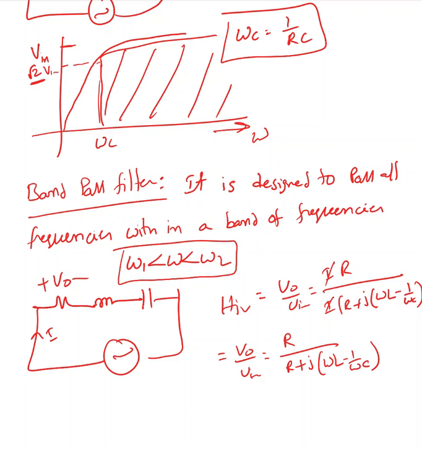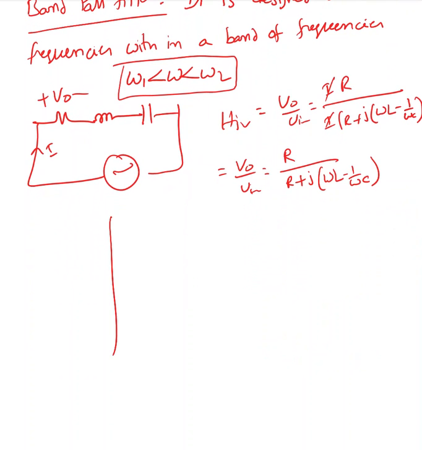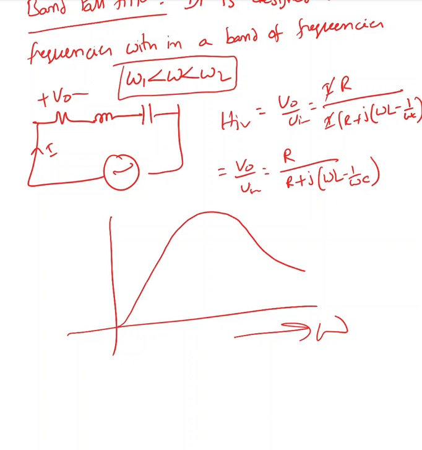Now if I draw the graph, here is my omega. It's going to be something like this. This is my V0. I'm talking about V0. Okay, so these two are the half power frequencies, omega 1 and omega 2. This is omega 0.